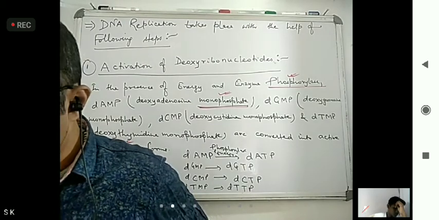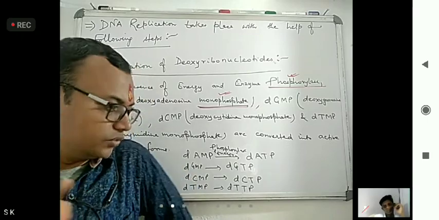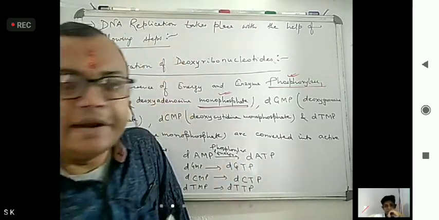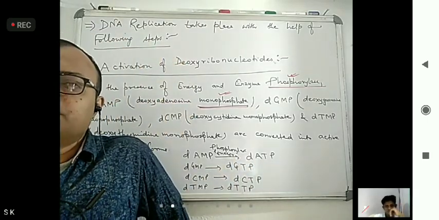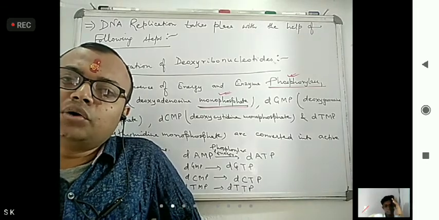deoxyribonucleotides. Okay, now you have to remember one more thing. This dATP is used as the energy currency of the cell.